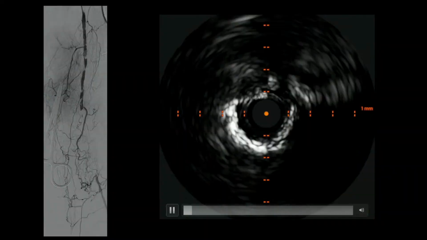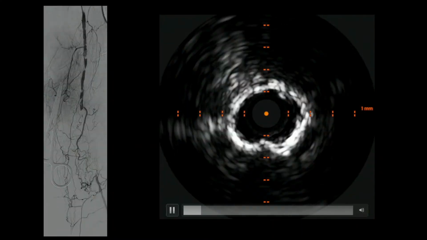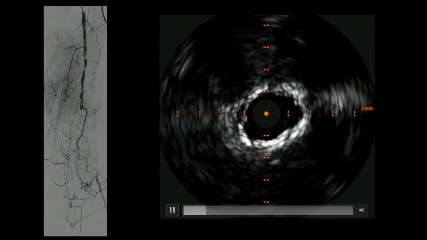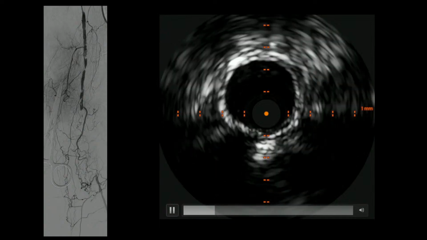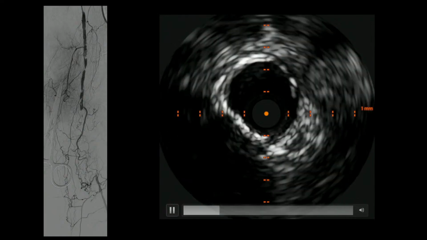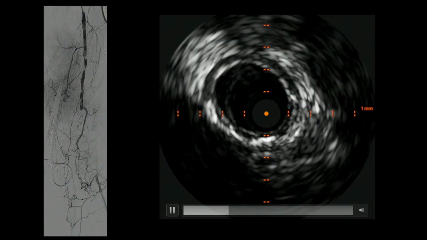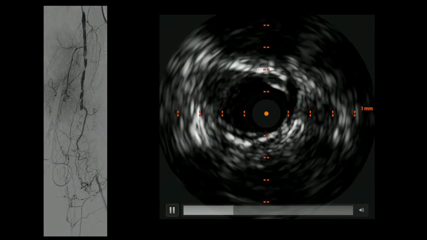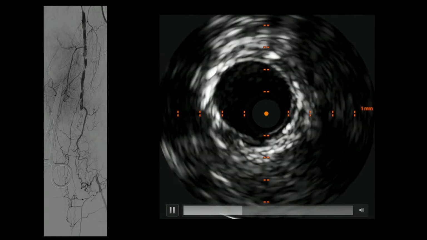So this was before. This is past the CTO. Blood indicates there's actually flow going past the CTO. As I'm coming up, we will then end up in the occlusion, but all the way through we're in an open lumen.